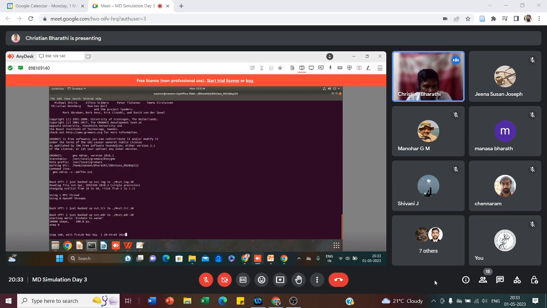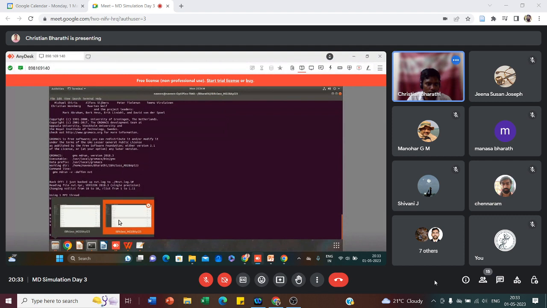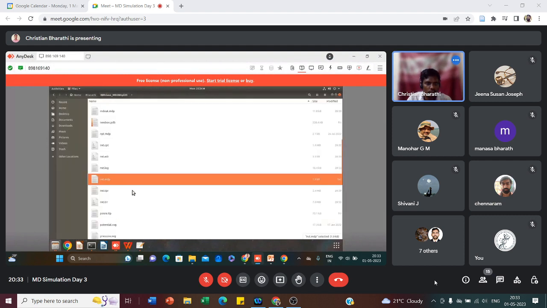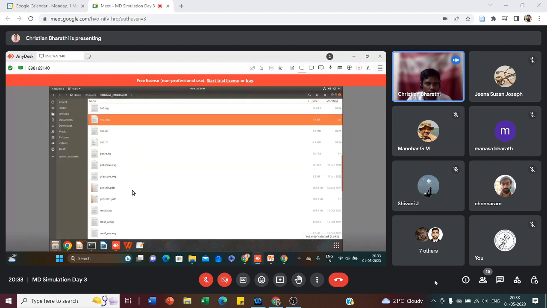Okay, it will take 10 minutes or so. Yes, another output file is there, meaning the MD input parameter file is there. I'll explain that.